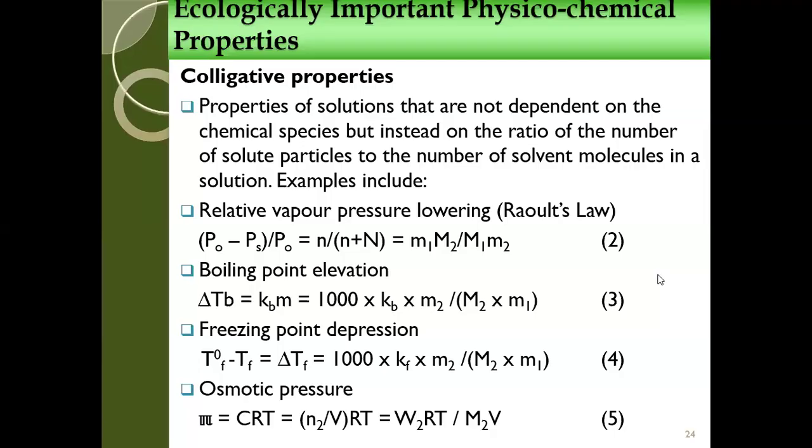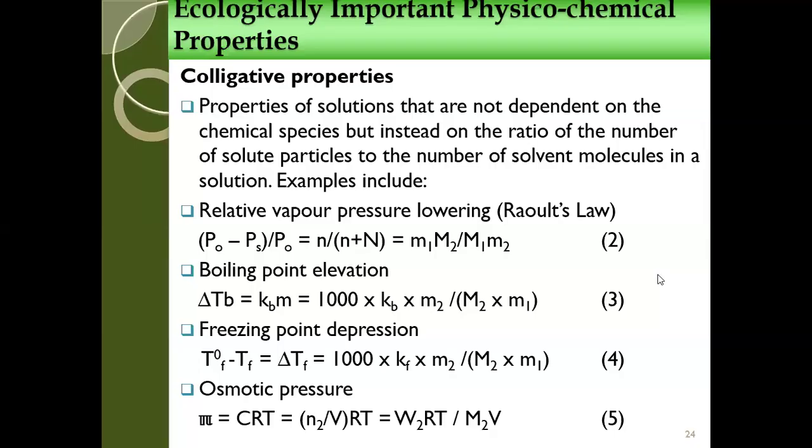So this one too, I want us to look at an example. If you are with your writing material, you can take this down now. That's the question on boiling point elevation.